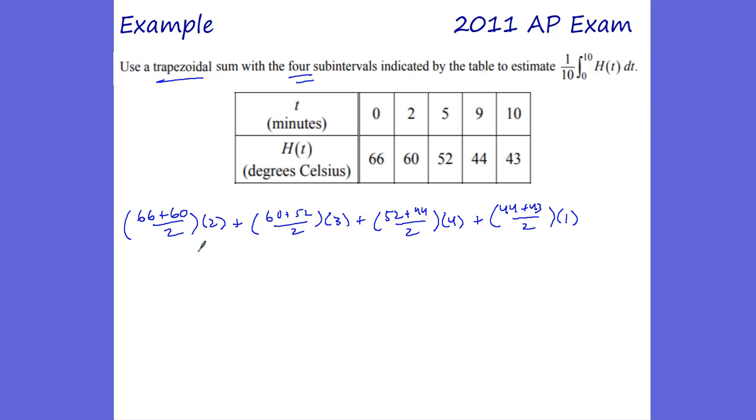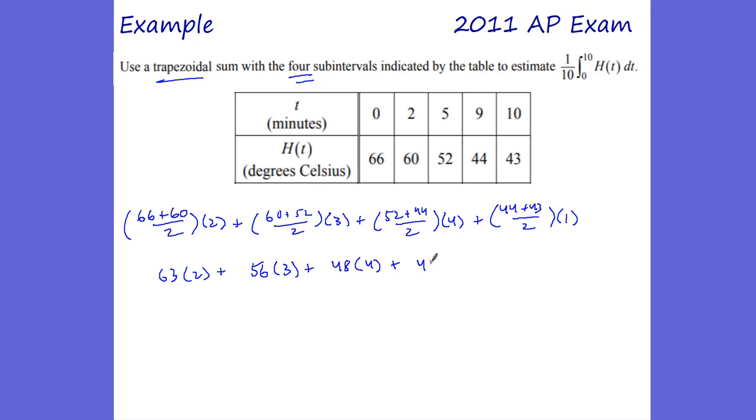And so when we add this up, we're going to get 66 plus 60 divided by 2. That's 63 times 2. Plus we have 60 plus 52 divided by 2. That's 56 times 3. Plus 52 and 44 divided by 2. That's 48 times 4. Plus 44 plus 43 divided by 2.